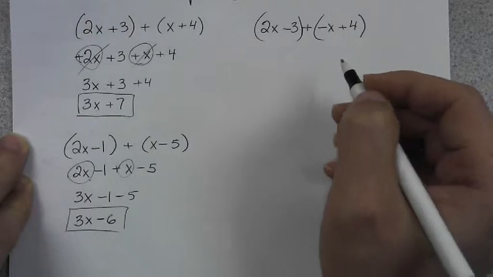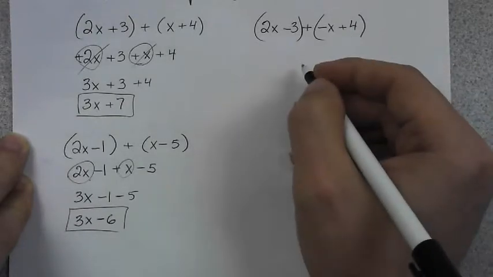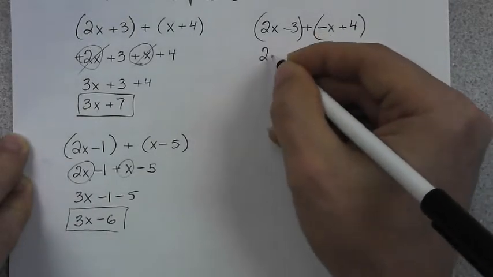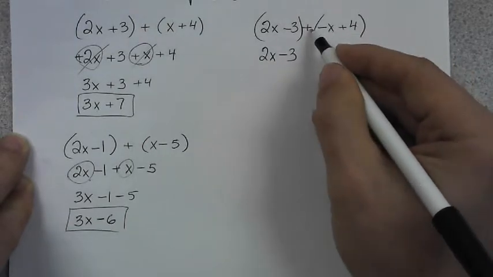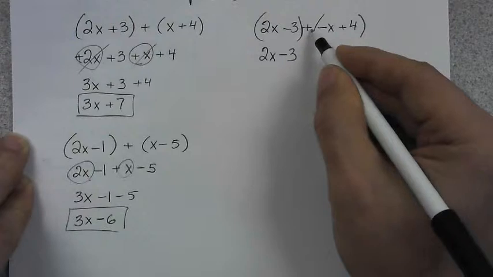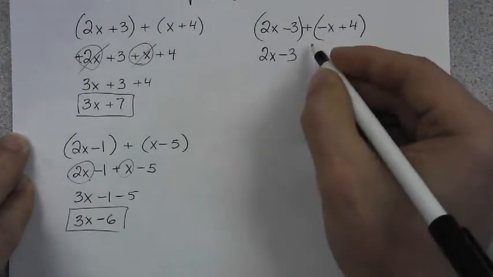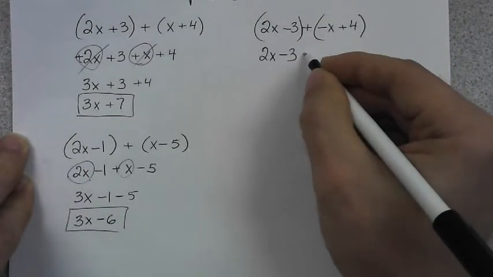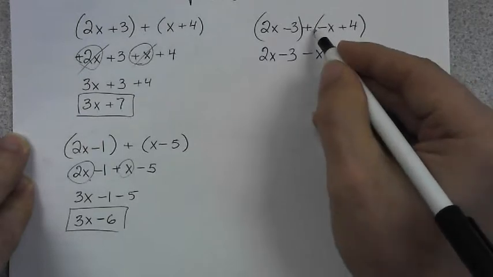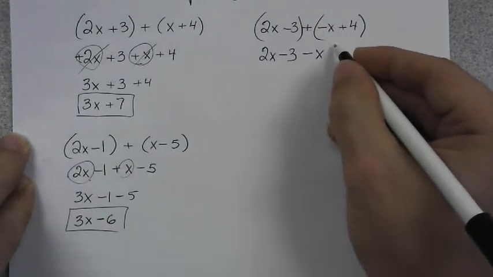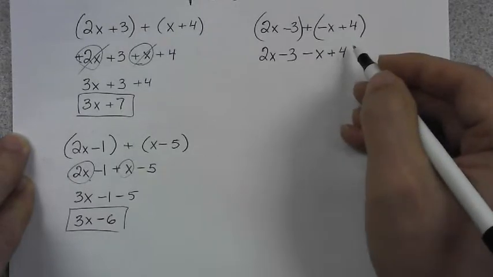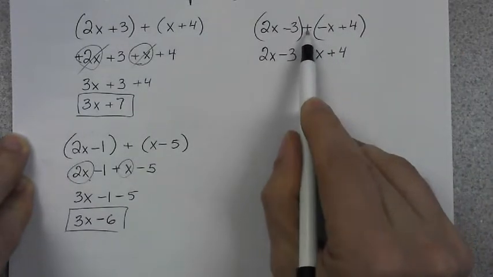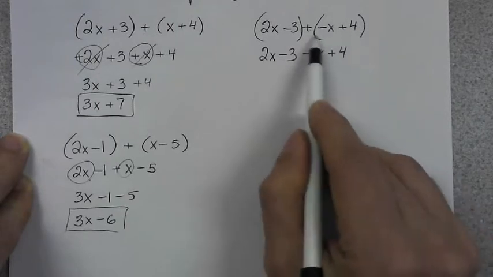I'm going to try to explain that and make it a little easier for you. So I have 2x minus 3, and since I'm adding this stuff, I'm literally just going to write what's in here. I'm adding a negative x. That's the same thing as subtracting. I'm adding a positive 4. So I'm going to rewrite this like that. Again, this little addition means that you're adding all this stuff.